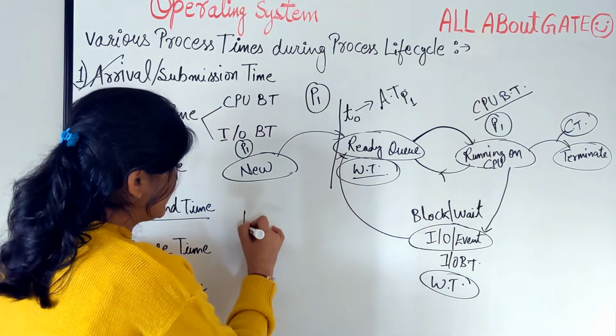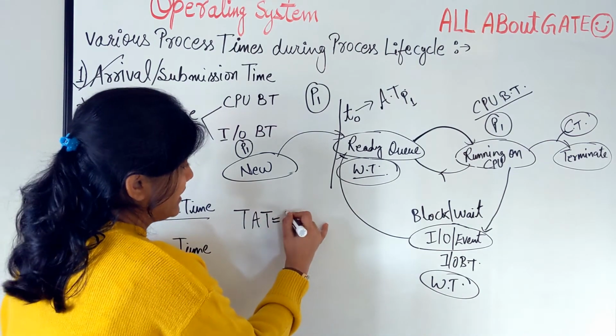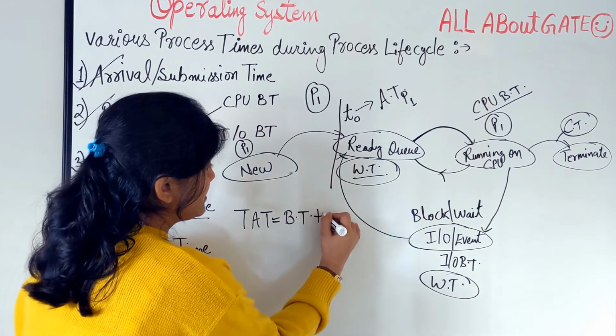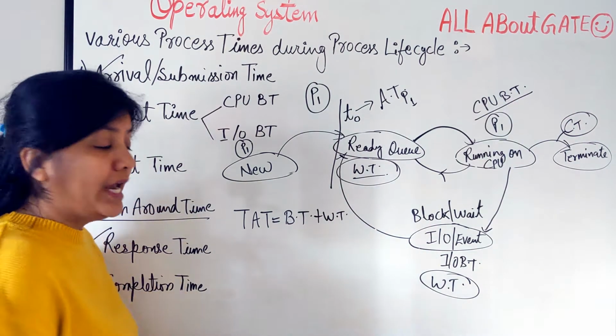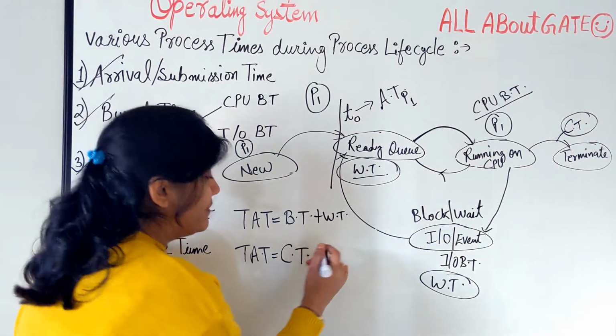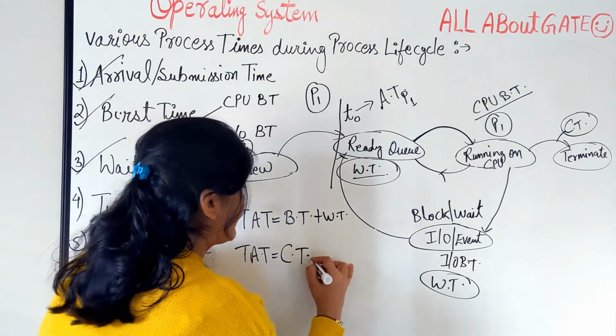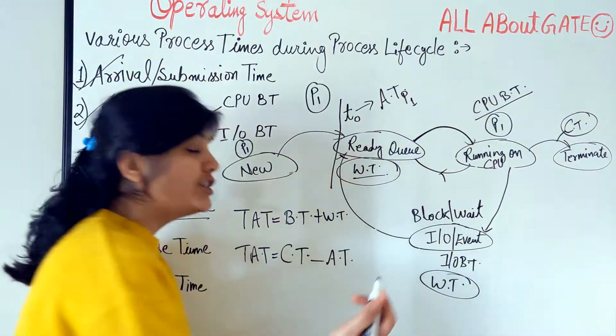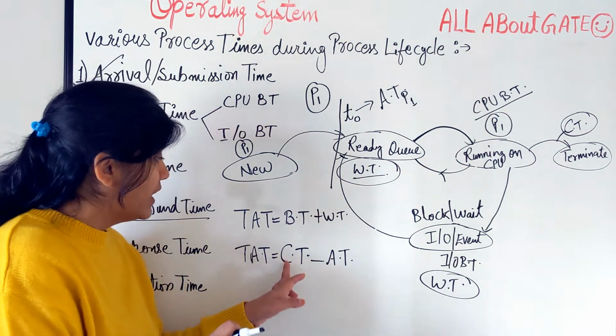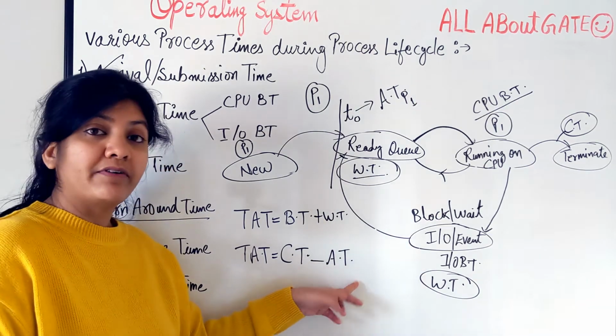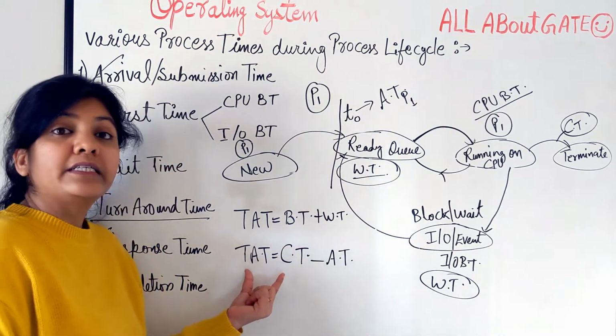So turnaround time is the burst time plus the wait time. At completion time it got terminated, and at arrival time it got created, so completion time minus arrival time also gives the turnaround time.